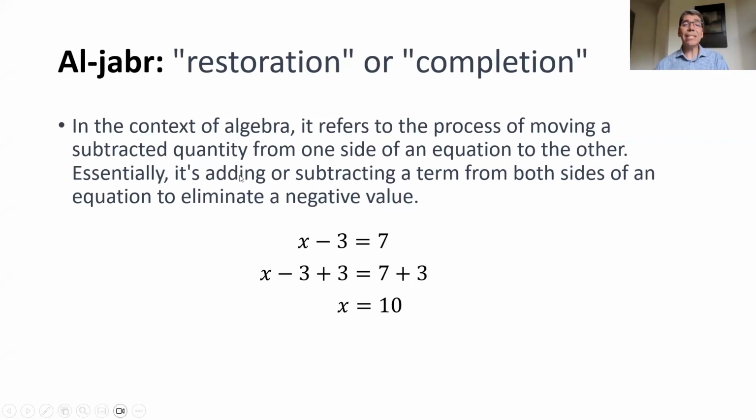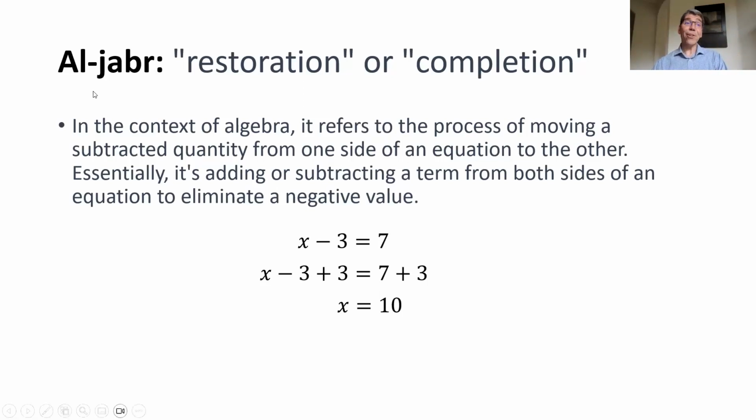But the idea is basically that you have an equation, and let's say that we start with this equation, x minus 3 equals 7. If we want to find the value of x, we want to isolate x on one side of the equation.